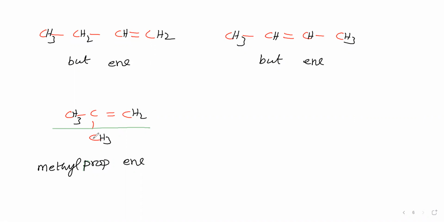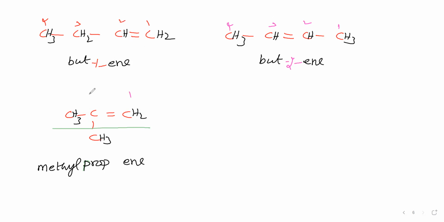Then we have to give the positions. Here we give the numbering: number 1, 2, 3, 4. The C=C double bond is present between number 1 and 2, therefore the position of the double bond is 1. Here also we give the numbering 1, 2, 3, 4. The C=C double bond is present between carbons 2 and 3, therefore the position is 2.